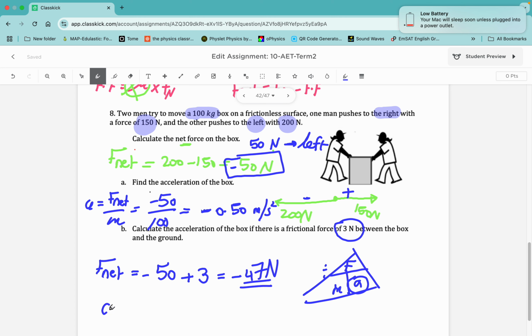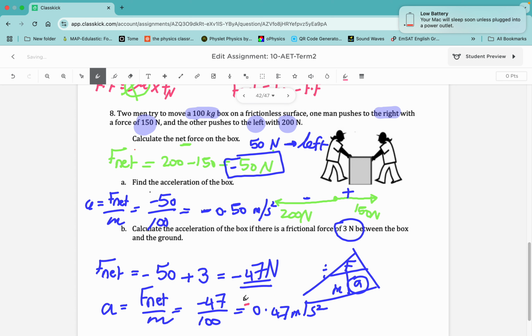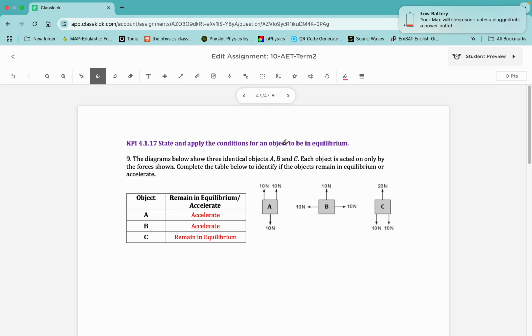Then to find the acceleration using the same formula, net force over mass, negative 47 over the mass, which has not changed, gives 0.47 meters per second squared, but don't forget the negative sign. So these are the main points here.